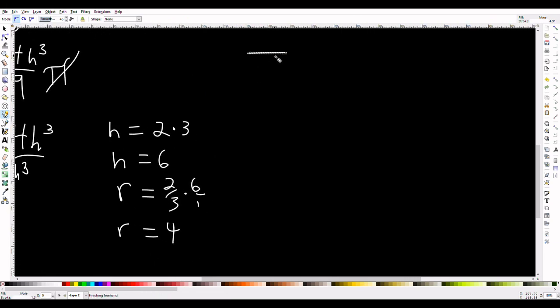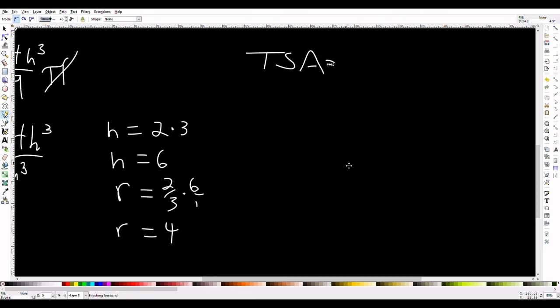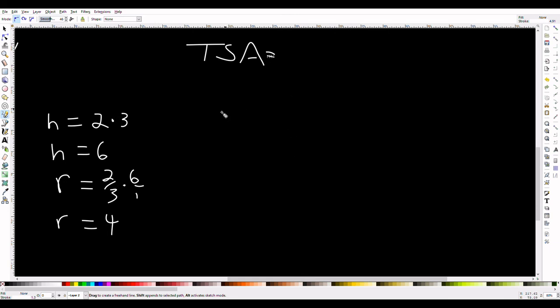Now we want to find the total surface area. What was that equation again? The lateral surface area plus 2 times our 2 circles.